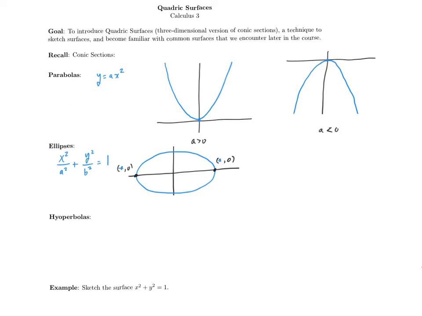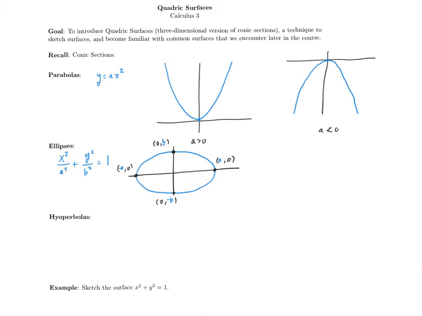And similarly, if you wanted to solve for the y-intercepts, they occur when x is 0. And if you set x equal to 0 and you solve for y, that occurs at plus or minus b. So simply looking at this form, we immediately know that we have an ellipse, and then based upon a and b, we have the x-intercepts and the y-intercepts respectively.